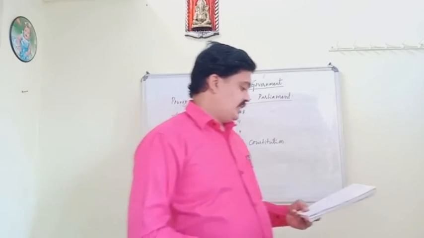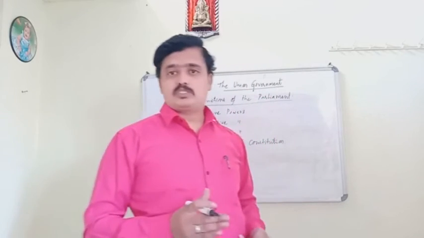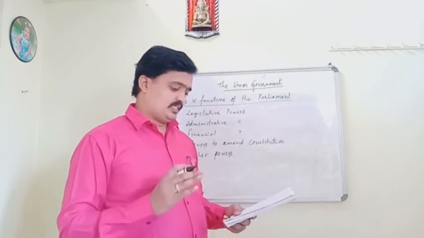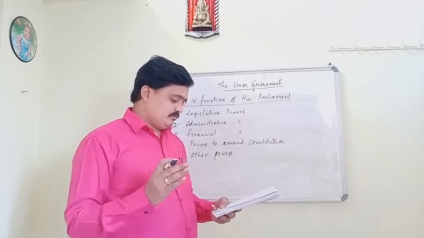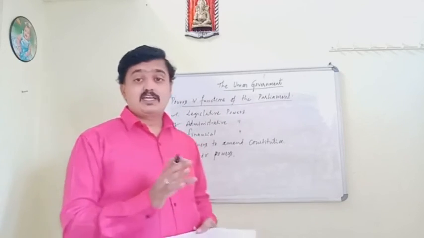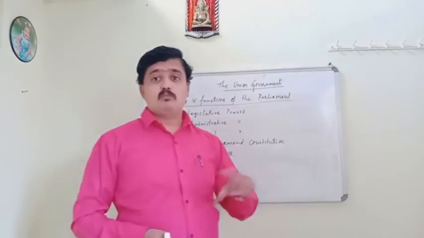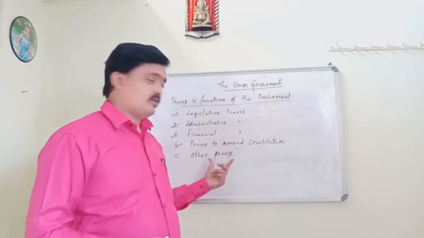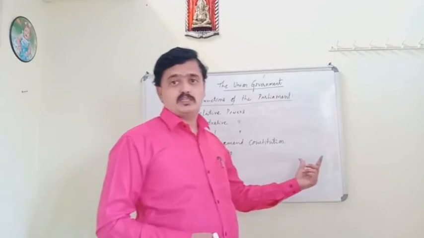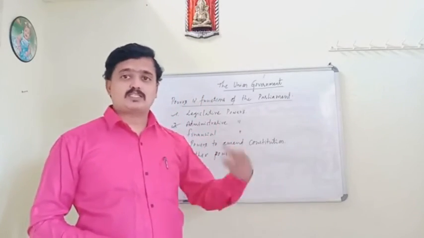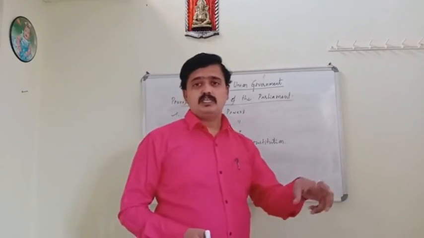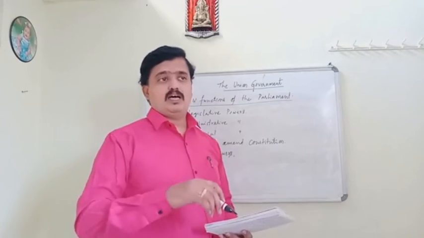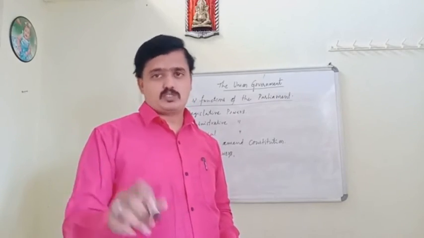Next, if only one house approves the amendment and the other doesn't, then the amendment cannot be carried out here. I told you already, both houses can do the amendment of the Constitution here. So if one house does not accept it, it cannot be carried out here. Both houses have the power to amend the Constitution here.